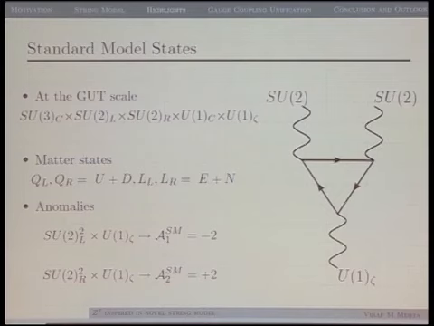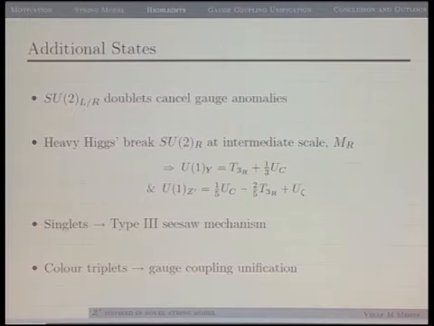Now, we have to look at what string states are required in order to remove these anomalies from the model. The additional states, as well as the MSSM, are some extra SU(2) doublets in order to cancel our gauge anomalies. In fact, once we add our SU(2) doublets, all gauge anomalies are removed.